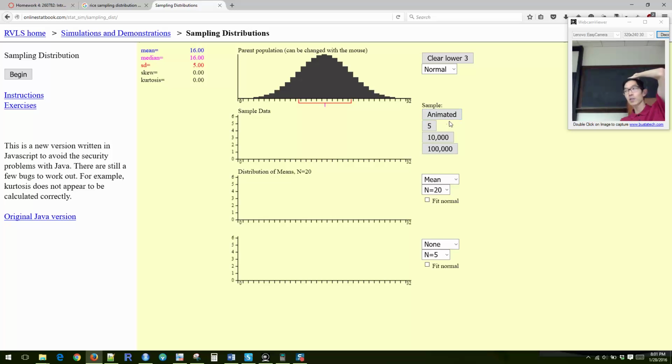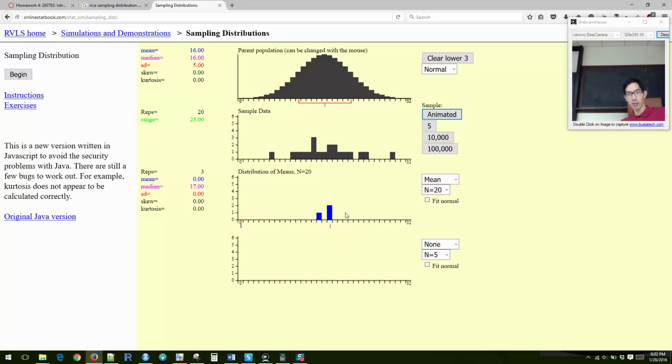Let's animate one and get an idea here. So I'm drawing 20 people now. It takes a little bit longer to animate our 20 people. Okay, we're going to get another 20 people. So far we're just getting a few points here and there.